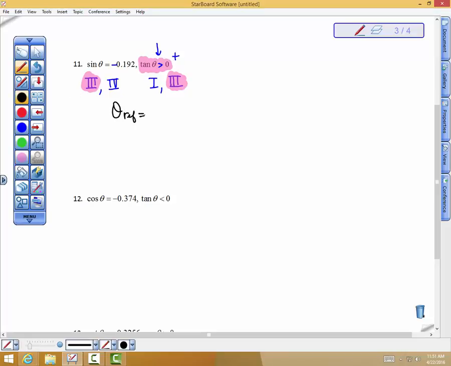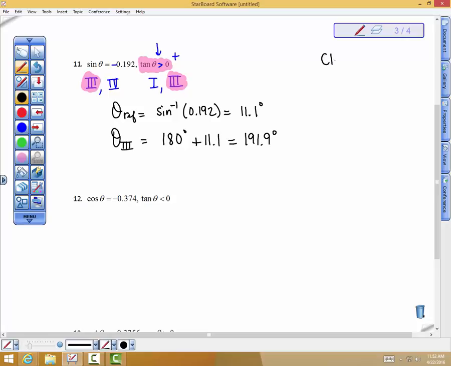So I find my reference angle by going second sine of 0.192, and that's equal to 11.1 degrees. And now you must only give me a third quadrant angle in this problem. You must only give me 180 degrees plus the 11.1, or 191.1 degrees.